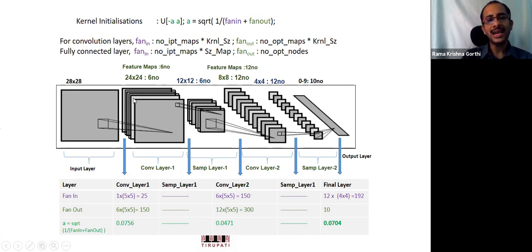There are other initialization procedures in convolutional networks. Initialization plays a very important role, because the number of learnable parameters is very, very high. You need to initialize reasonably so that the solution is easily reachable.